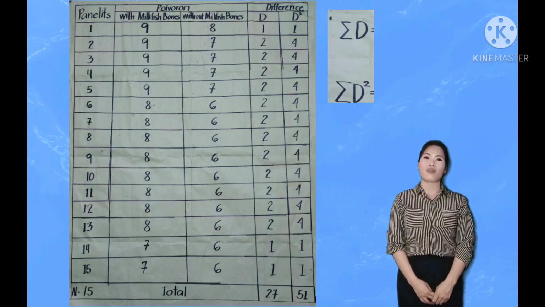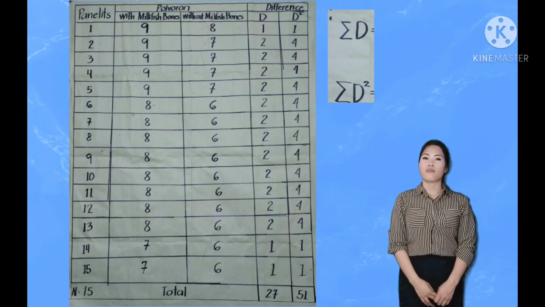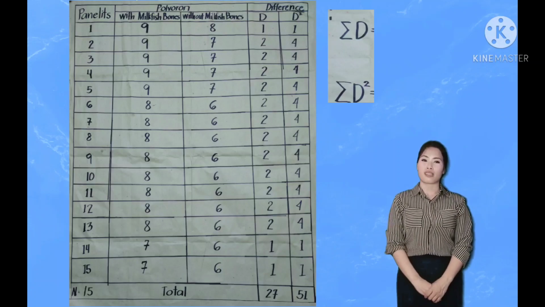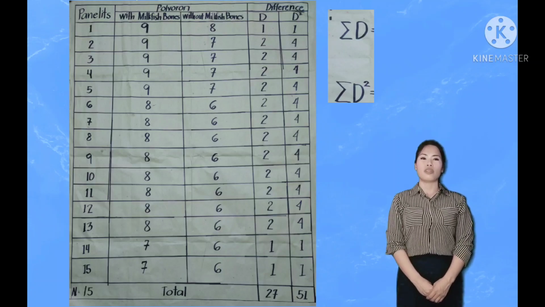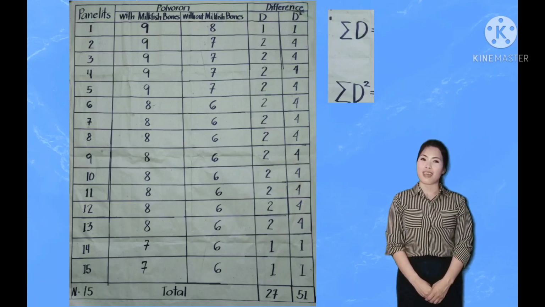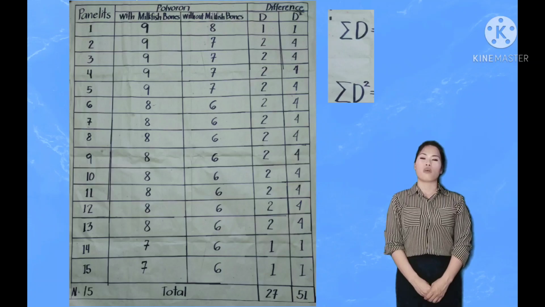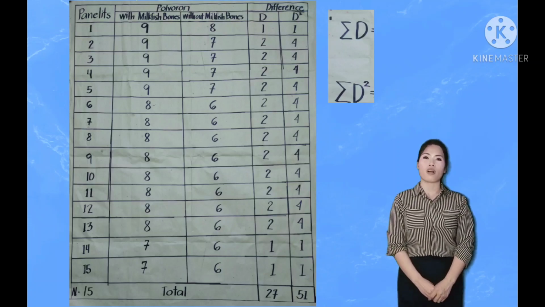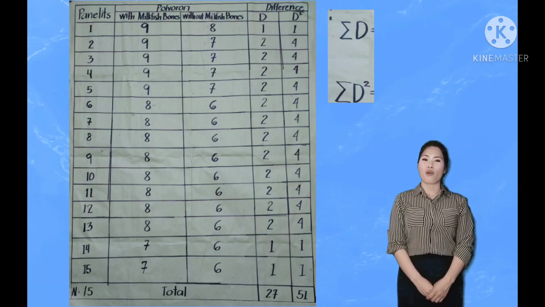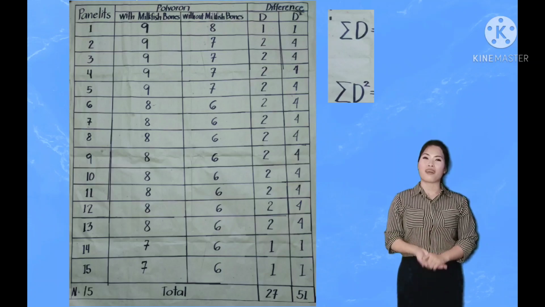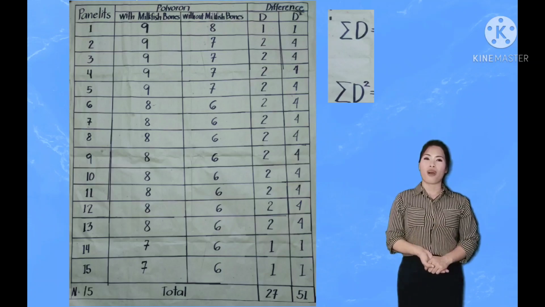So 1 plus 4 is 5, plus 4 is 9, 9 plus 4 is 13, 13 plus 4 is 17, 17 plus 4 is 21, 21 plus 4 is 25, 25 plus 4 is 29, and 29 plus 4 is 33, and 33 plus 4 is 37, and 37 plus 4 equals 41, 41 plus 4 is 45, 45 plus 4 equals 49, 49 plus 1 is 50, and 50 plus 1 is 51.